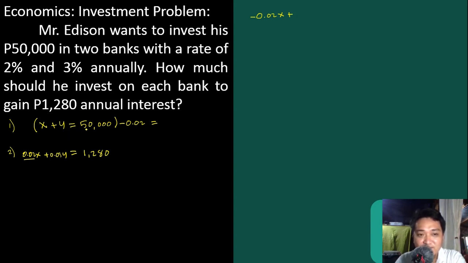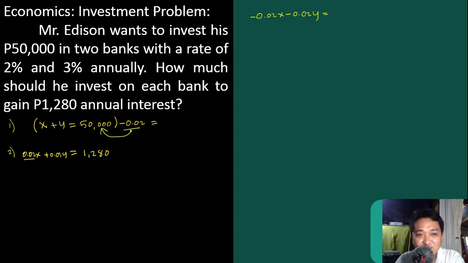So we have minus 0.02y. Bakit ganun? Kasi negative 0.02 times x is negative 0.02x. Negative 0.02 times y is negative 0.02y. Ganun. And then, let us multiply this here.